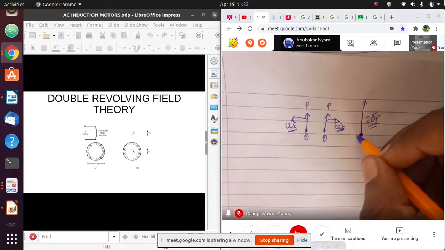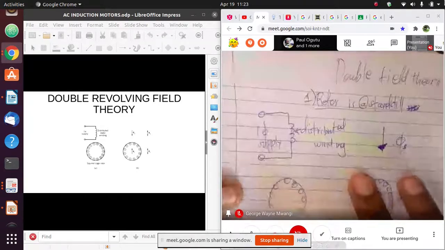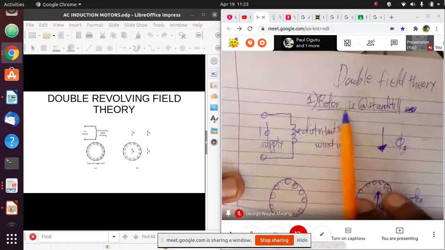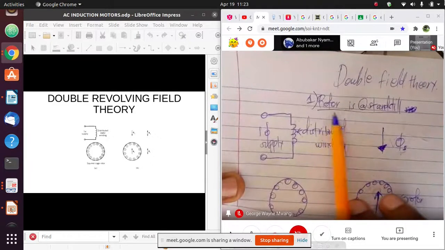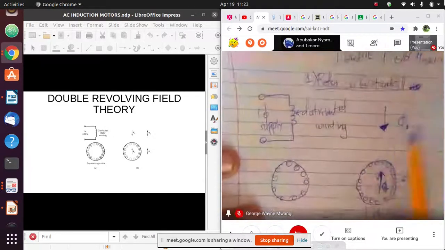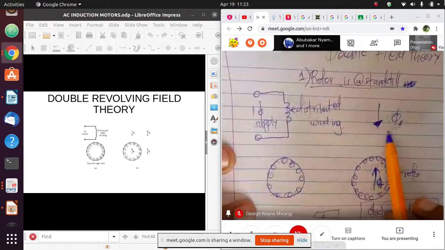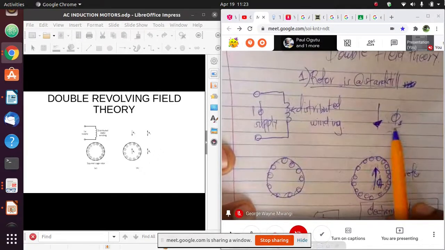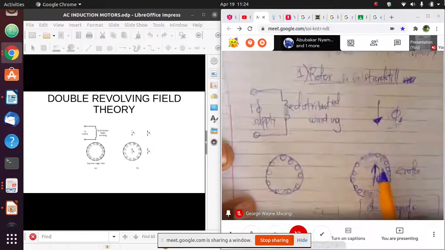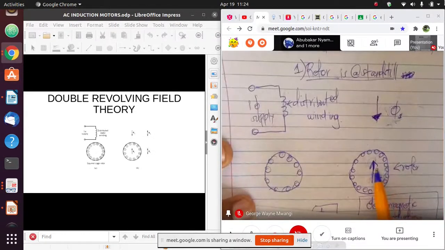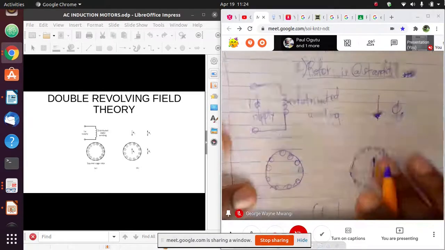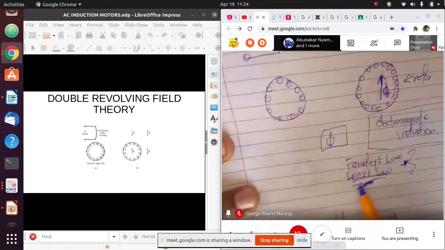We had started with the operation of the single phase induction motor when the rotor is at standstill. We said that a flux is produced by the single phase supply on the stator. That single phase supply will induce current in the rotor circuit, and that current will produce a pulsating flux. These fluxes will tend to oppose each other because of the law I have said, Lenz's law.